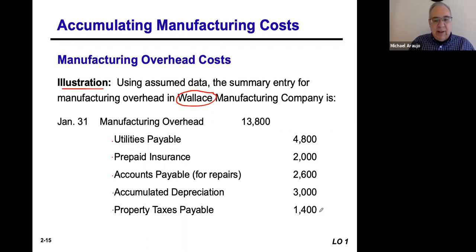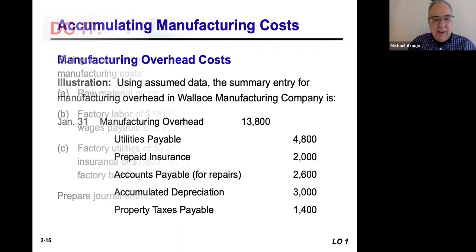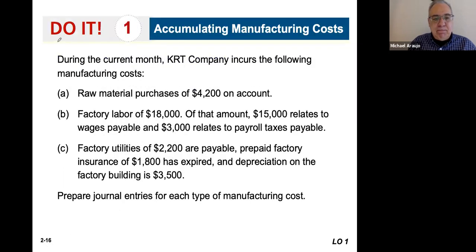All of these are, in essence, manufacturing overhead costs. And so manufacturing overhead would get the entire amount debited to its account. You're going to see this repeated over and over again. So this is a very good, nice way to start. I'm kind of drifting you into it easily, believe it or not.